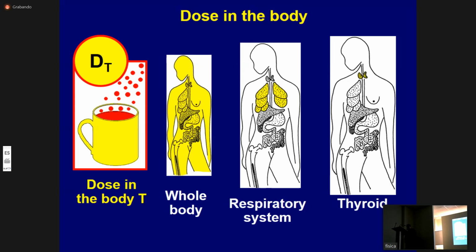Therefore, the mass, size, position in the body, and other parameters of organs and tissues of a so-called standard person are widely used in radiation dosimetry to assess the dose in the organ.